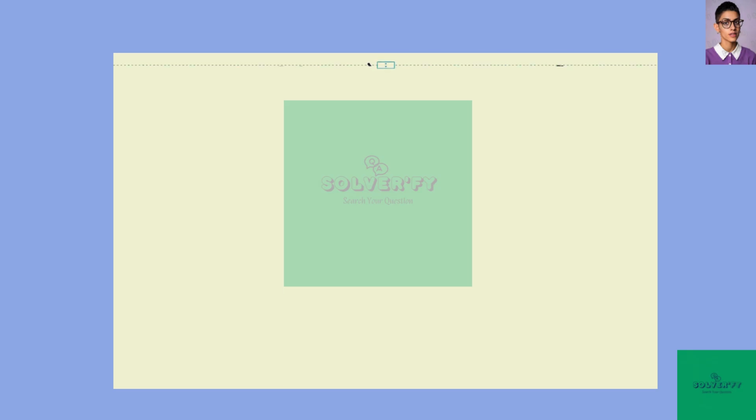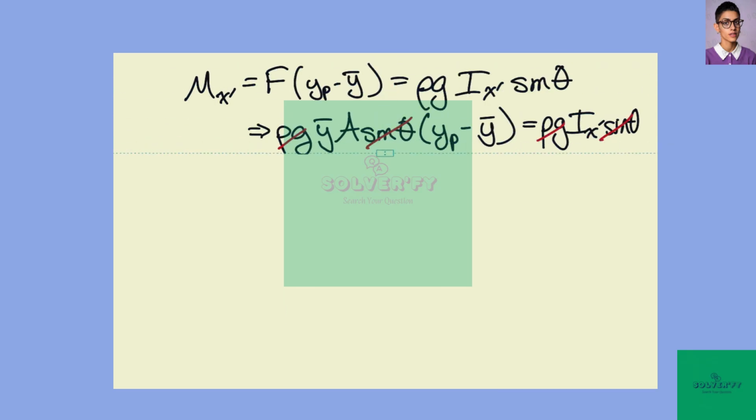of the moment that was acting in the previous problem to find the distance where the center of pressure is, with respect to where the centroid is.